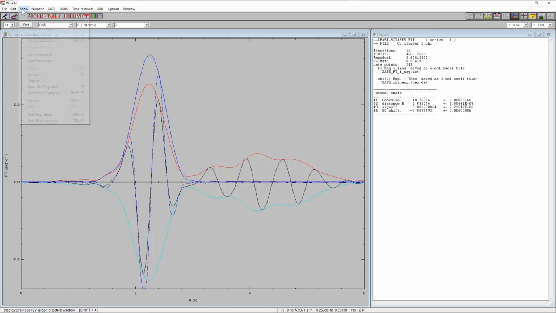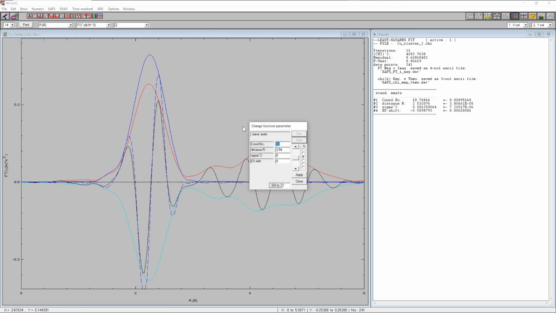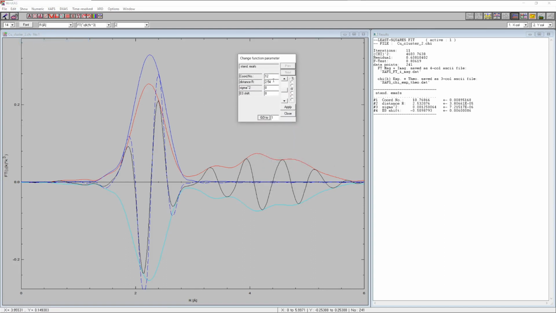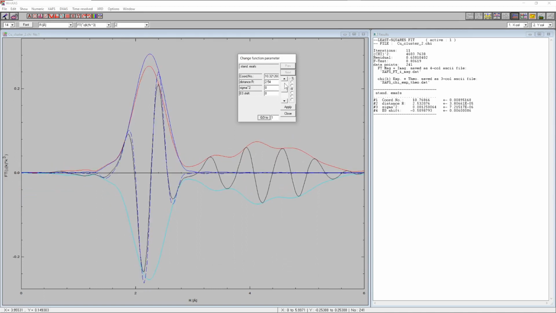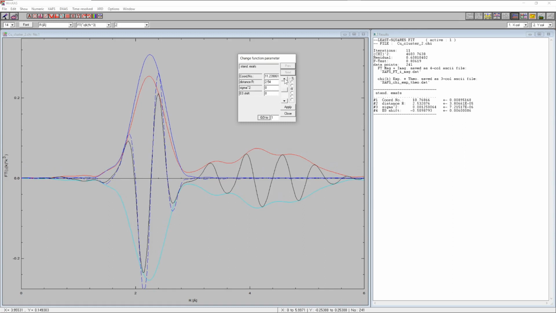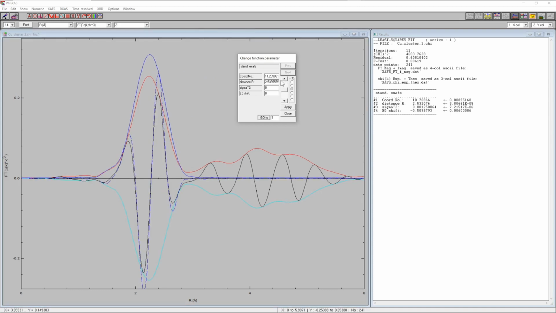Also, just to briefly show this, there is another option here to change parameters. This actually opens this little window here, which permits changing those parameters stepwise. So you can increase or decrease the coordination number, and you can increase or decrease the distance and see how this affects the theoretical EXAFS function in R space or in K space.